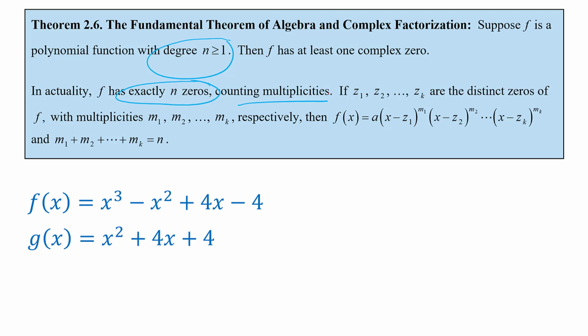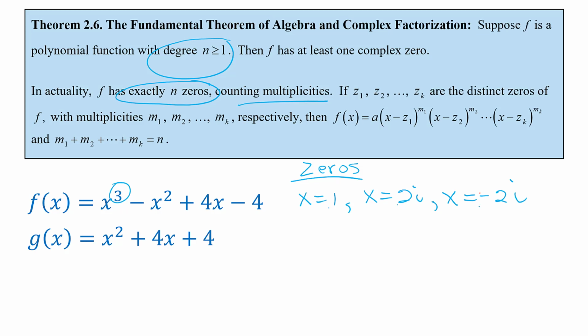I have f of x equals x cubed minus x squared plus 4x minus 4. We found the zeros here already were x equals 1, x equals 2i, and x equals negative 2i. So note that indeed, with this degree of 3, there are 3 zeros, 1 real and 2 not real zeros.